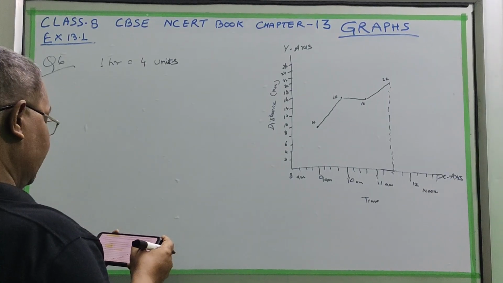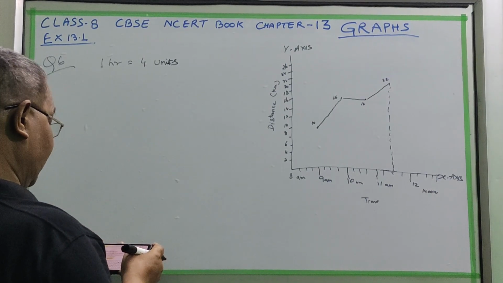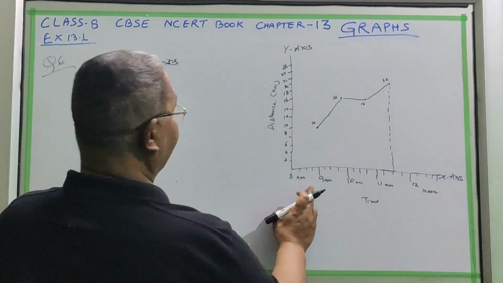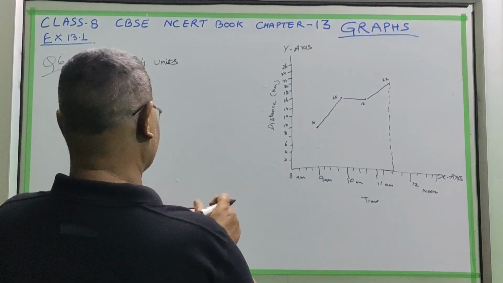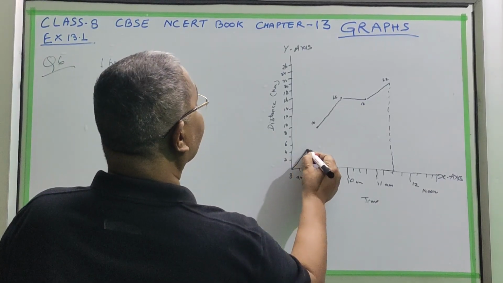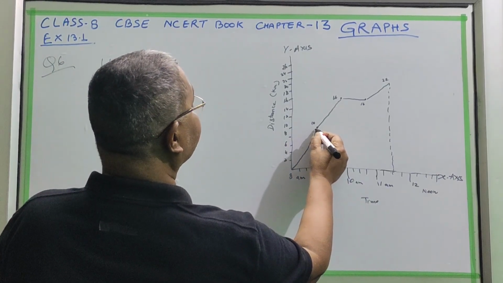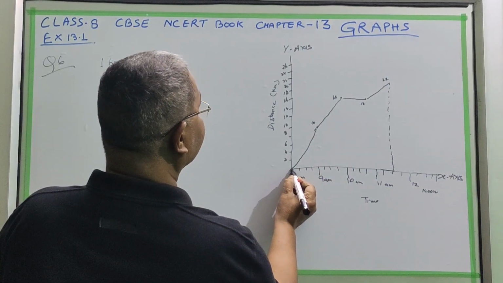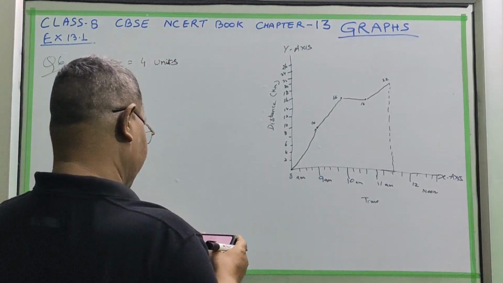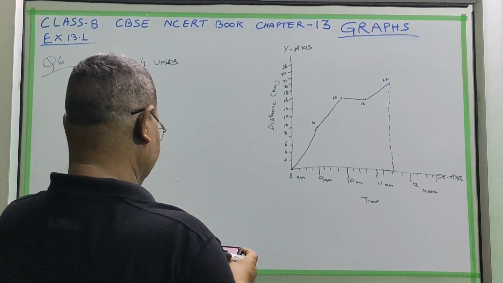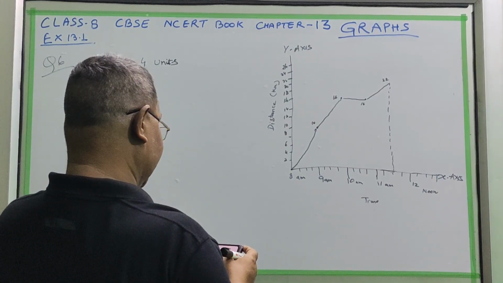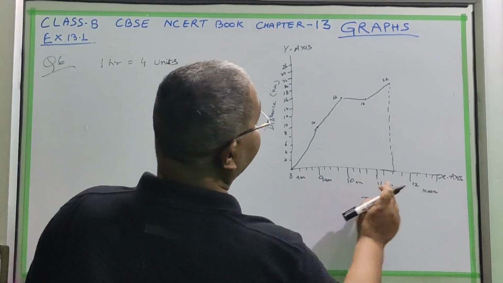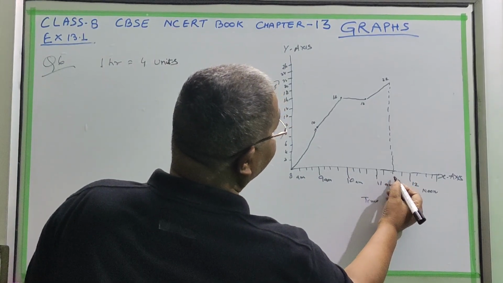How much time did the person take for travel? So here he started from 8 a.m. Here is the origin, the origin place. So how much time did the person take for travel? From 8 he has reached there by 11:30.